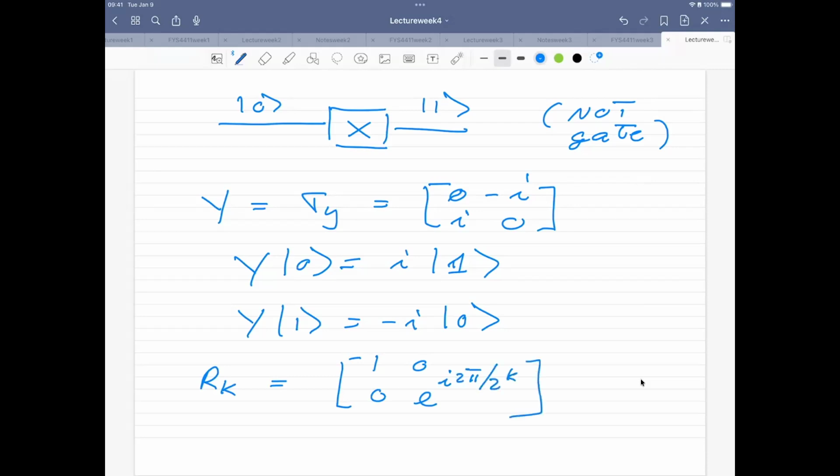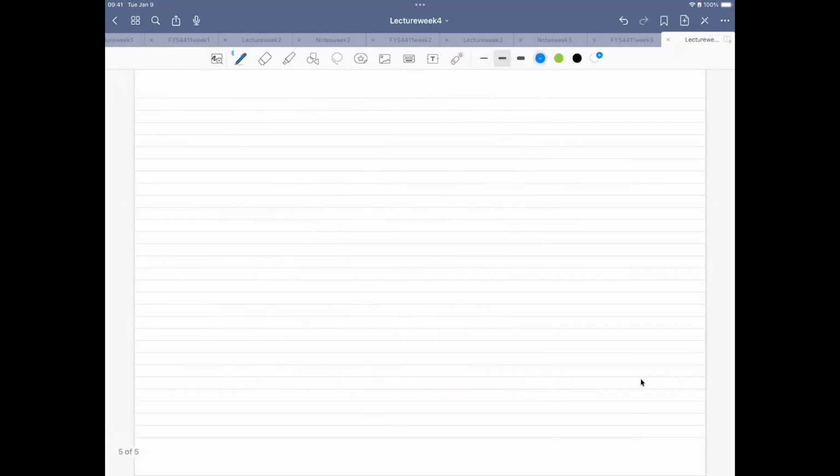Now, for some specific values of k, there are gates which have even gotten their own name. One is the so-called phase gate. If you take k equal to 2 here, you get e to the i times pi half as an argument, and that is called a phase gate, or just the S gate.